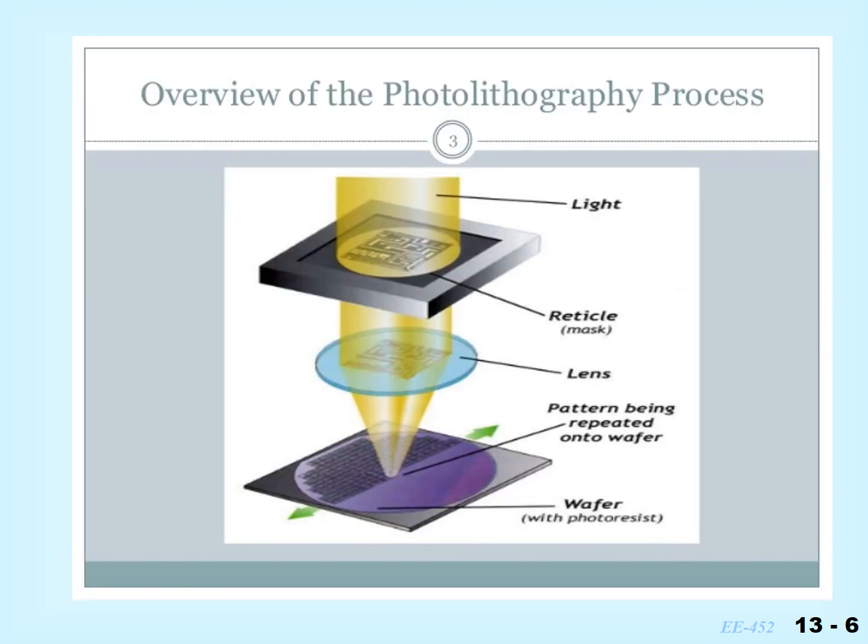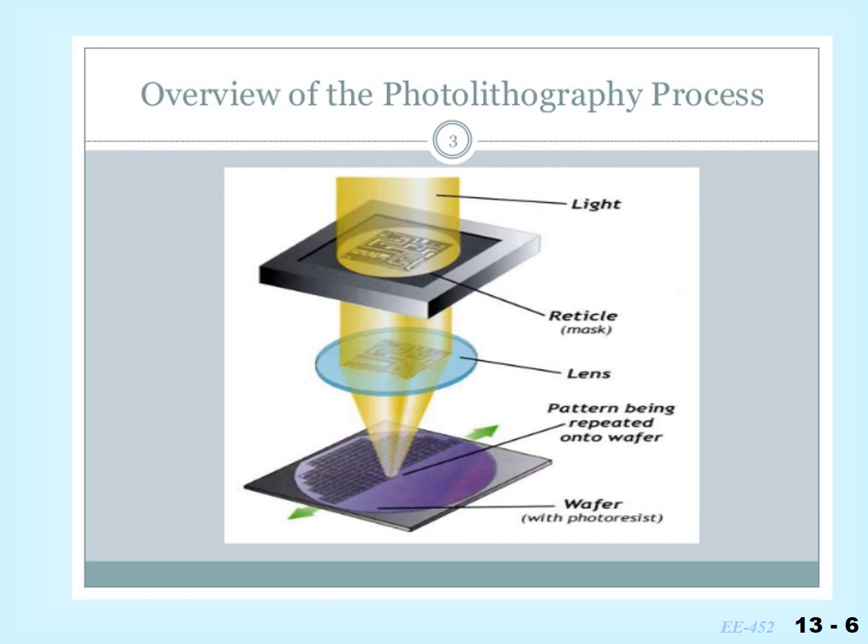We can view this as something like a mask. You can see this framed stencil sort of a thing. It is a layout of the circuit where certain areas are white and the other areas are black, over which the radiations are coming, which is marked here as light.